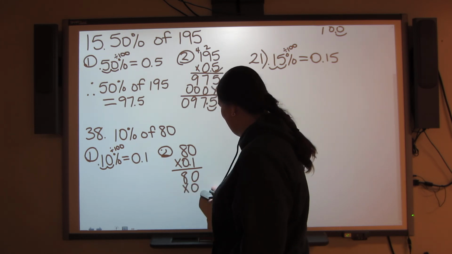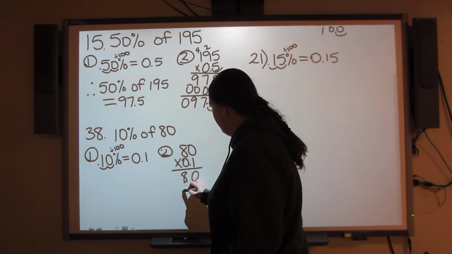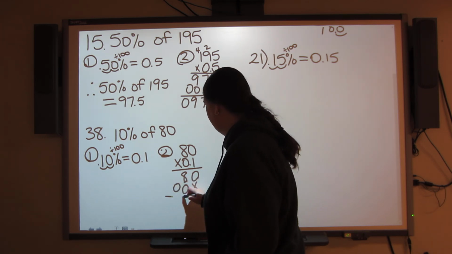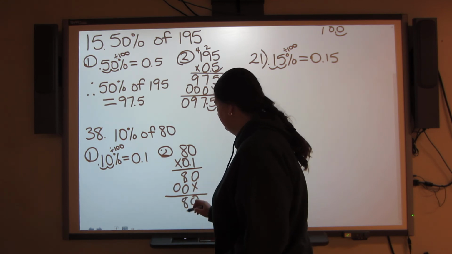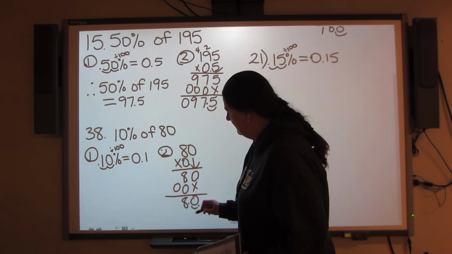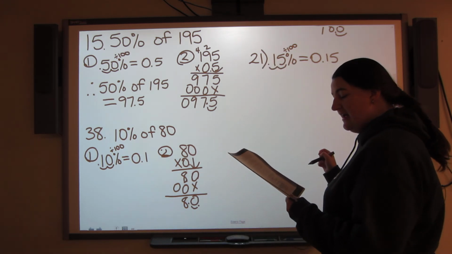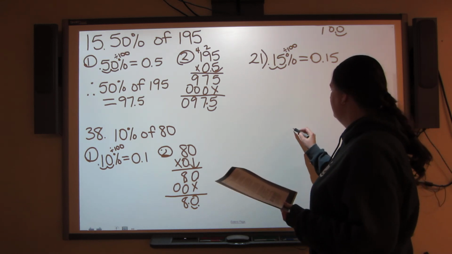Whoops, that is the wrong way. How many decimal spots do I have? So 8. There's my answer. The second one I have to figure out is 5% of 50.